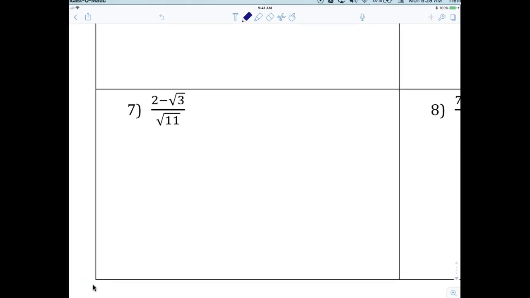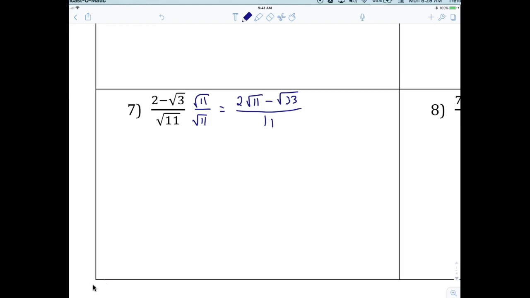All right, so now let's take a look at number 6. So now in number 6, I'm just multiplying the top and bottom by what? Radical 11. All right, and when I do that, I end up with 2 radical 11. Beautiful. That's exactly right. 2 radical 11 minus radical 33 over 11.